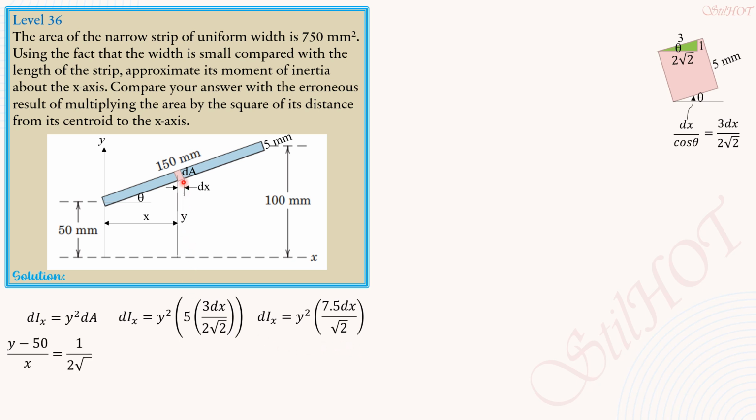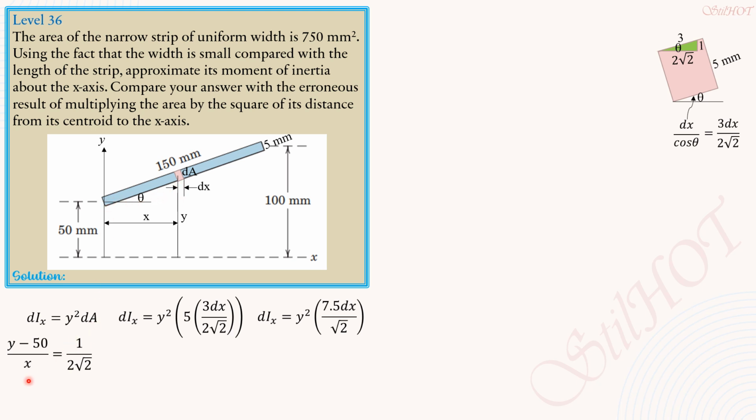Then, deriving the equation of this line for y. Imagine this right triangle here. This is y minus 50, opposite to theta for this imaginary right triangle.